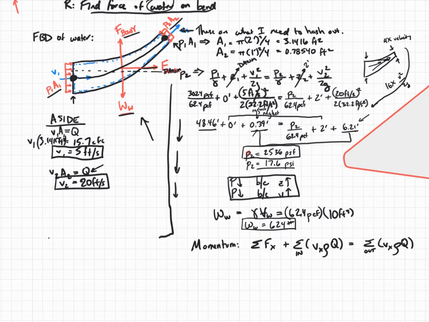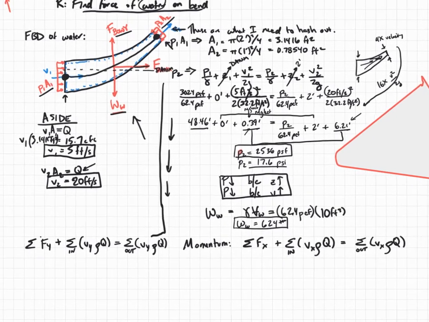Maybe I'll do the y version over here. Sum of the forces in the y plus the sum in of Vy rho Q equals the sum out of Vy rho Q. All right.